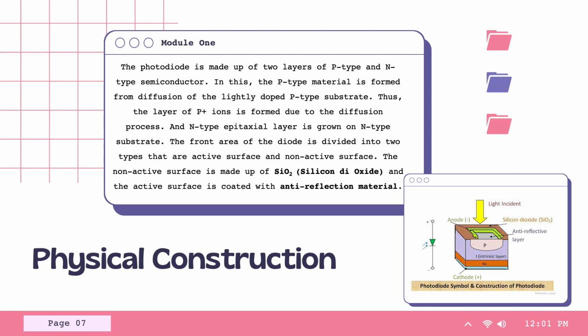The active surface is called so because the light rays are incident on it, while on the non-active surface, the light rays do not strike. The active layer is coated with the anti-reflection material so that the light energy is not lost and the maximum of it can be converted into current. The entire unit has a dimension of the order of 2.5 mm.